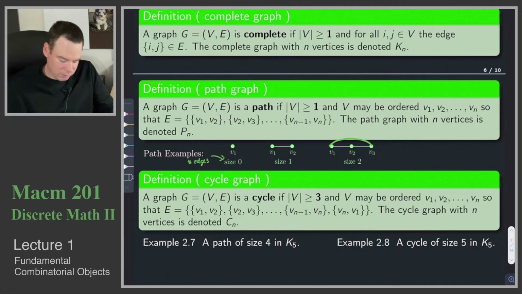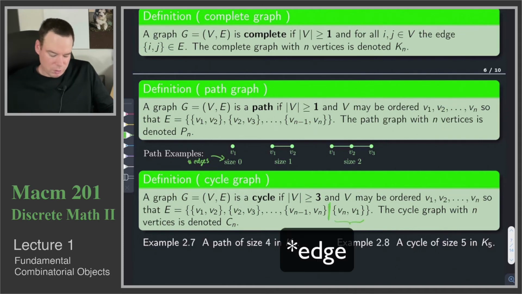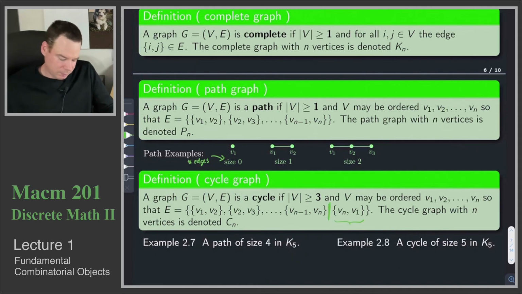I'll get rid of that because I don't want it in the path example, but that's all it is. And so a cycle graph is one in which the vertices can be ordered in such a way that the edges go v1, v2, v2, v3, all the way up to, well, if I stop here, that's a path, and then we've got the one extra edge on the end that makes it a cycle.